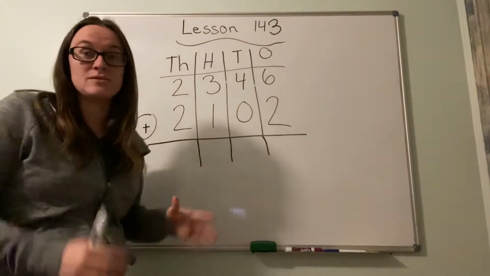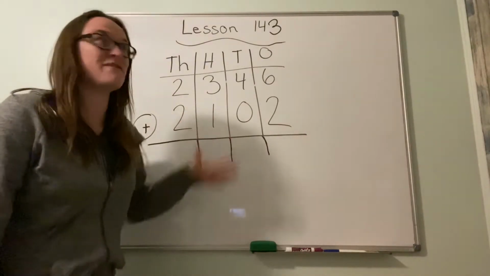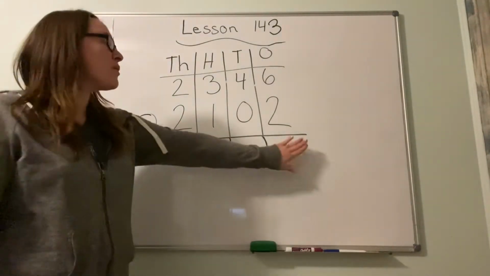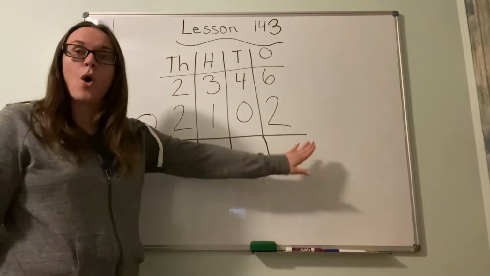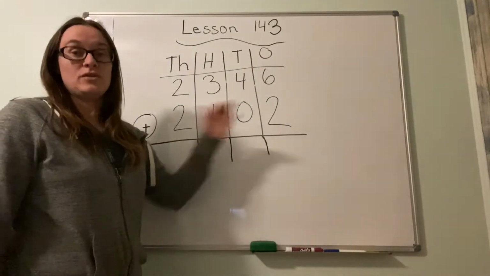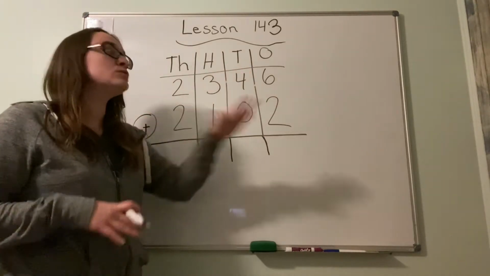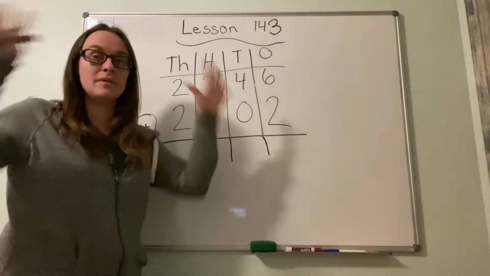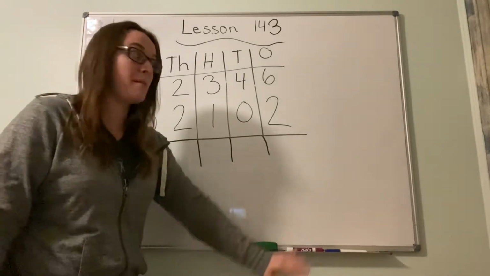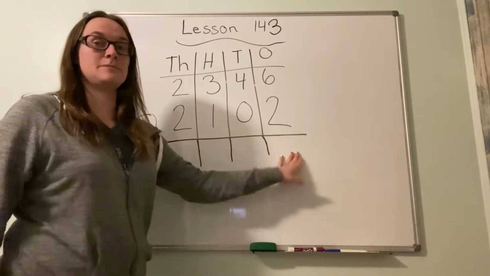Always, always, always when we add or subtract 2-digit, 3-digit, 4-digit, 5-digit, 6-digit numbers, we always start in the ones place. Because if you have to borrow when you're subtracting, or carry when you're adding, and you don't start in the ones spot, it'll completely mess the problem up and you will get it wrong. So remember, ones spot.